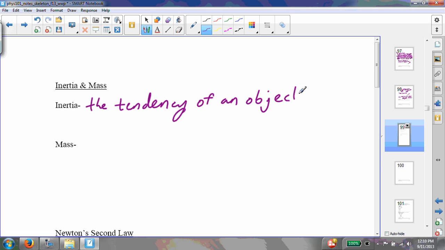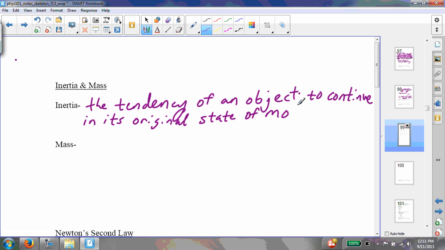And this is sort of a restating of Newton's first law. And when we talk about an object's mass, a mass is simply just a measure of that inertia.